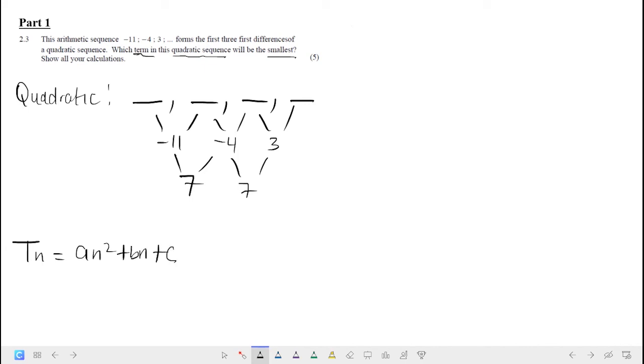Because this is quadratic, to understand when the value is the smallest or the biggest, we always look at the value of a. If a is positive, our value is going to be the smallest, and if a is less than 0, we're going to have a term which is going to be the largest.